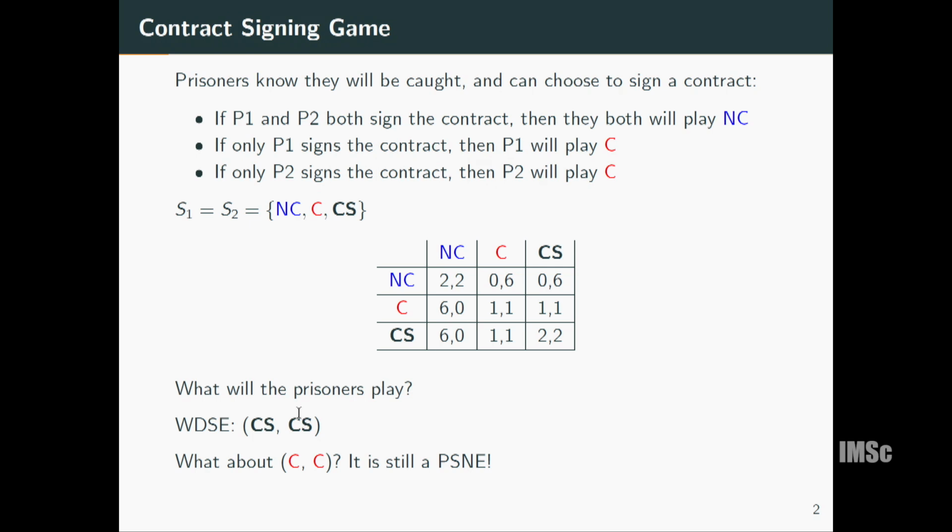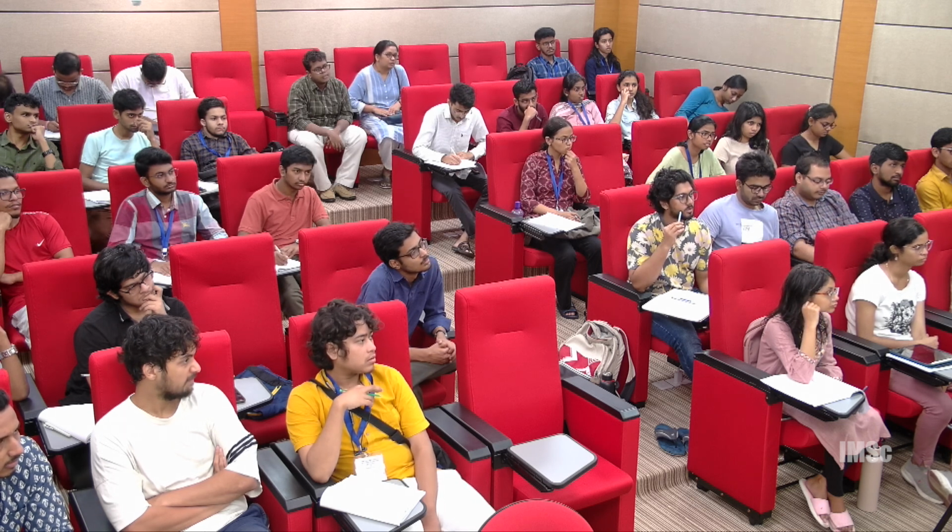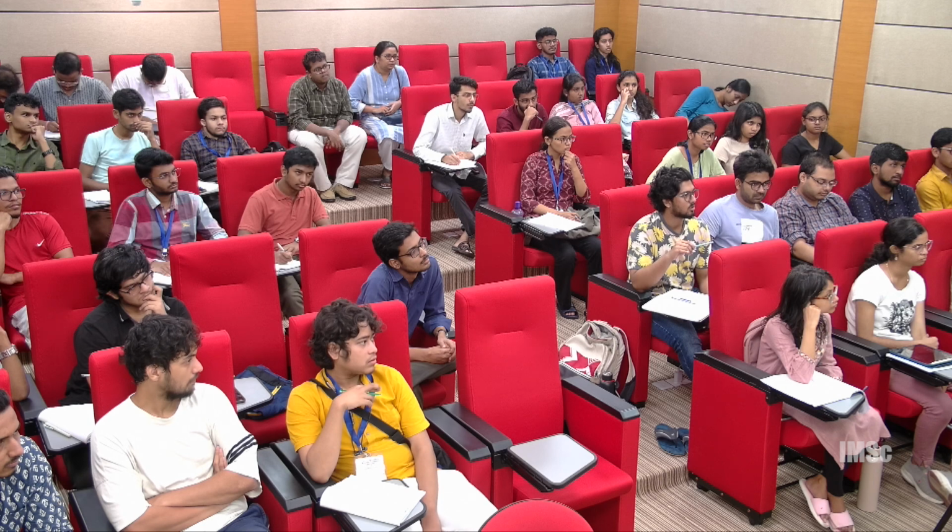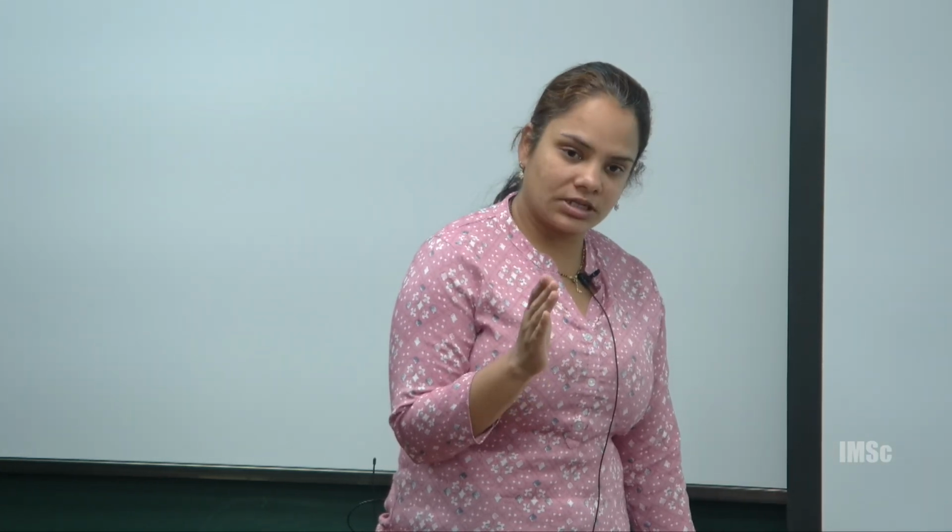I am talking about a dominant strategy, not a dominated one. A strongly dominant strategy is a strategy that, no matter what the other person is playing, is strictly better for me.